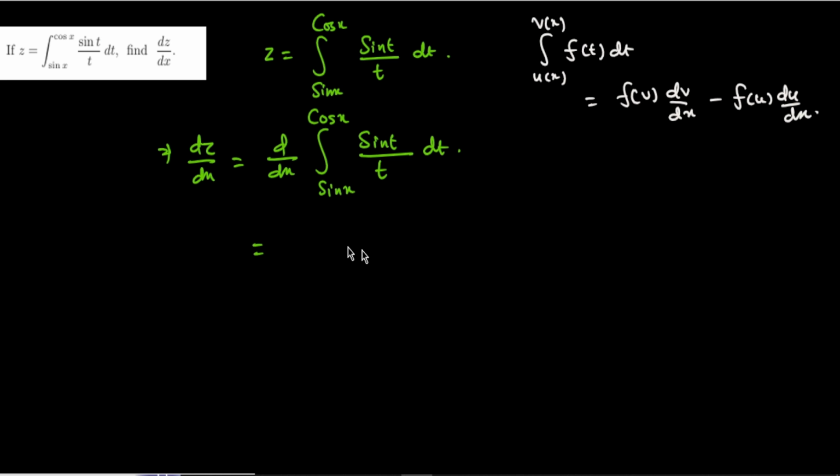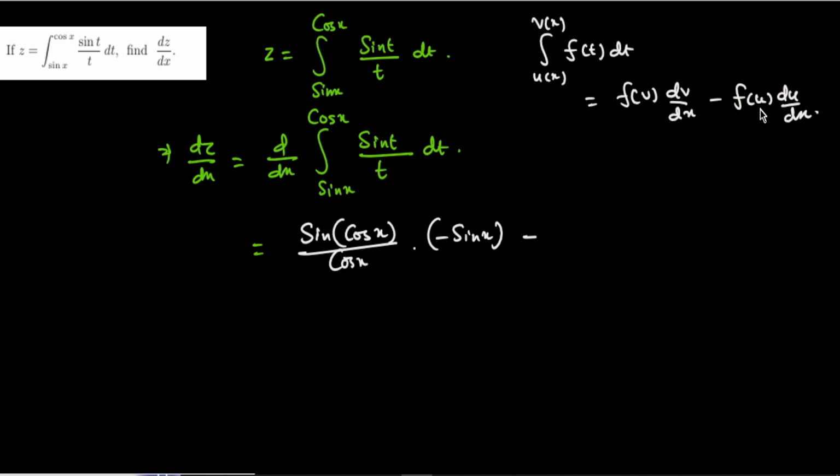If we use this formula, then f of v means sin cos x, replacing t with cos x, times dv by dx, the differentiation of cos x, which is minus sin x.